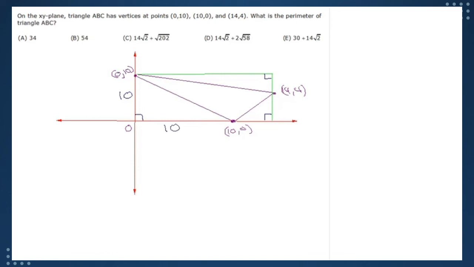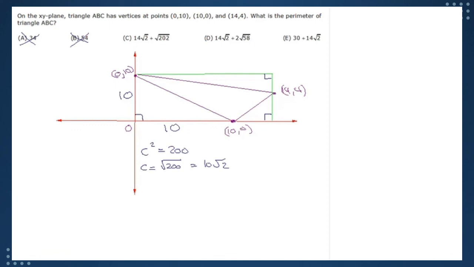Well, the Pythagorean theorem says that 10 squared plus 10 squared equals c squared. So c squared equals 200. C is the square root of 200, which is 10 root 2. So anything with a root 2 in it, you can already say is a possible answer, eliminating A and B.